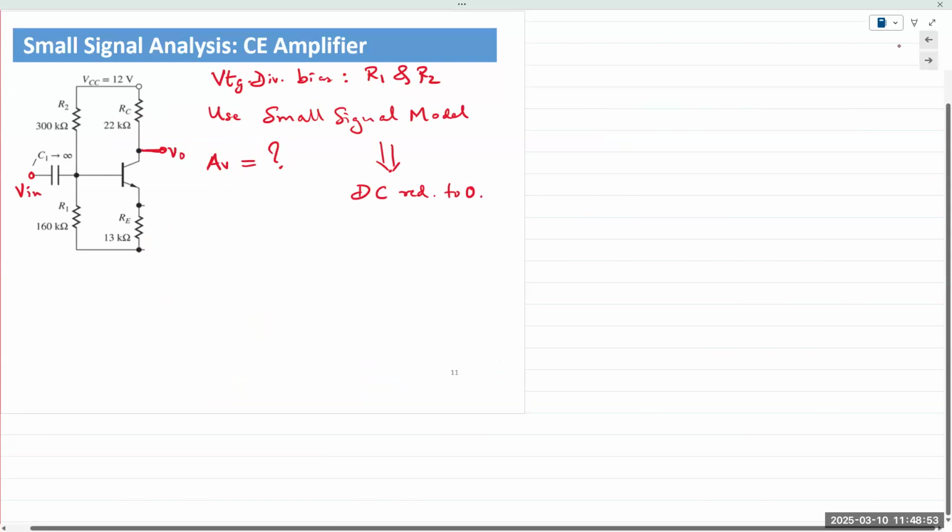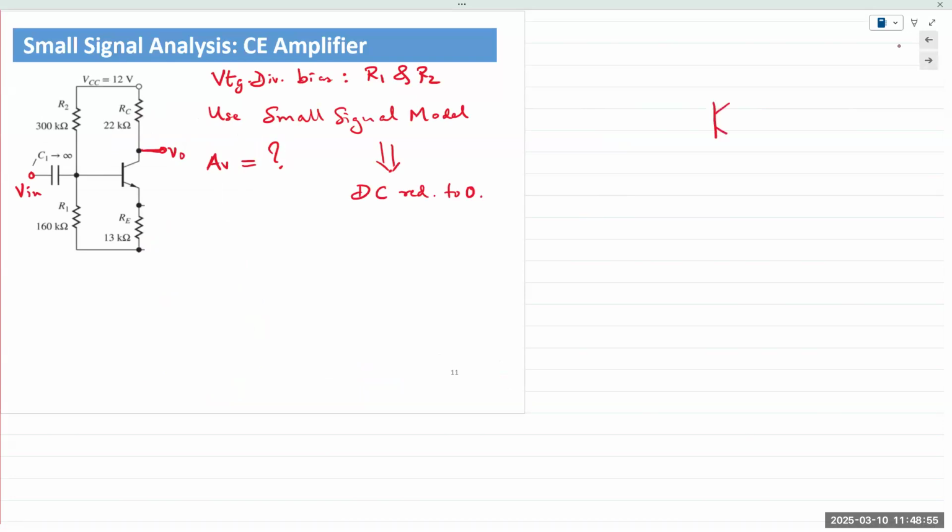So if I was to draw this, I have a BJT, emitter resistor, and then I would have RC.